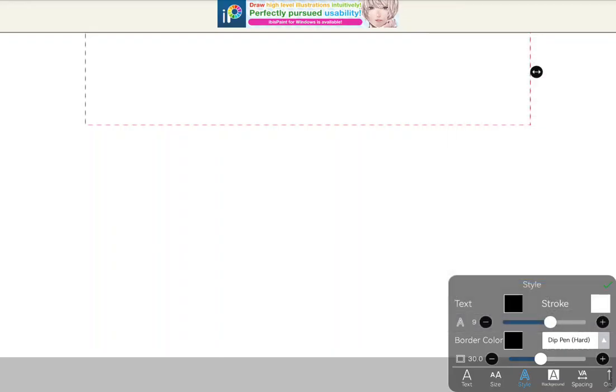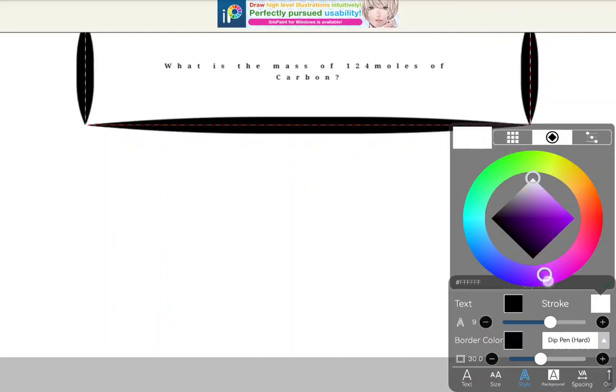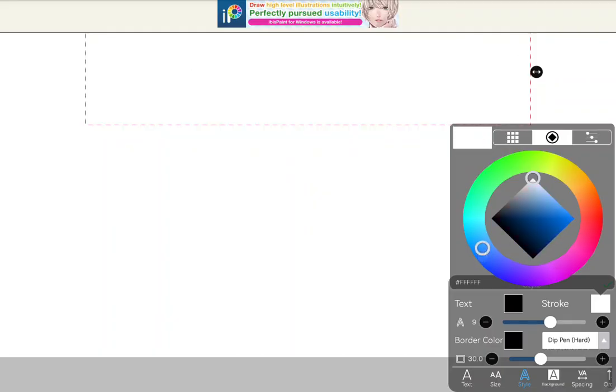But how do we find the mass of a certain carbon? So what we're going to do now is to solve it.